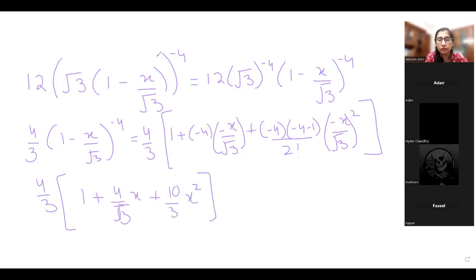And after final expansion, we get 4 upon 3 plus 16 upon 3 square root of 3 x plus 10 upon 3 x squared.